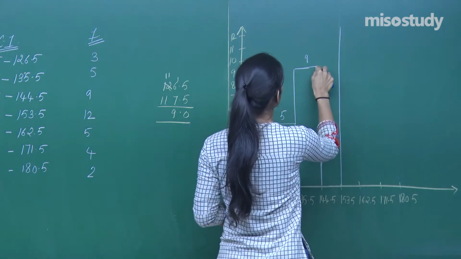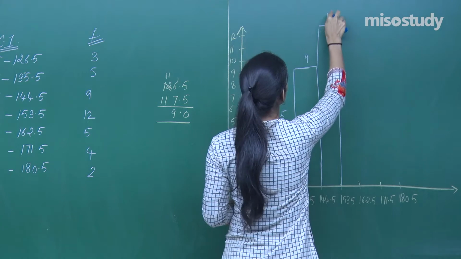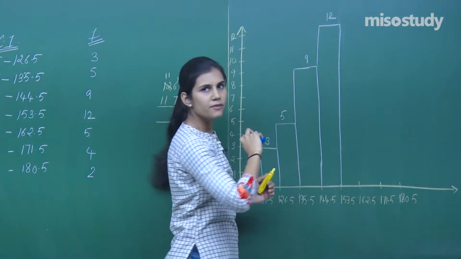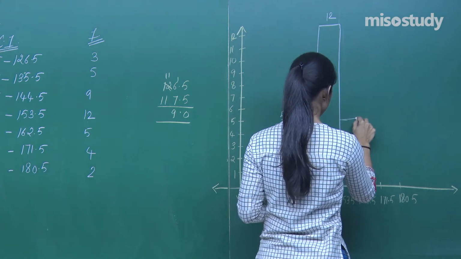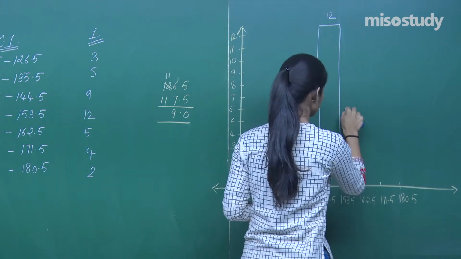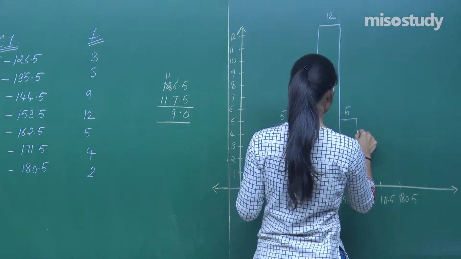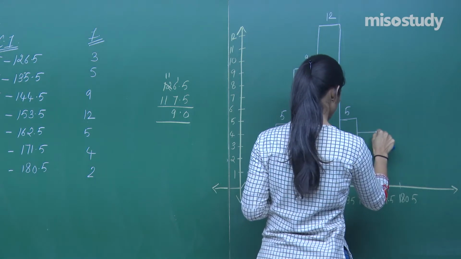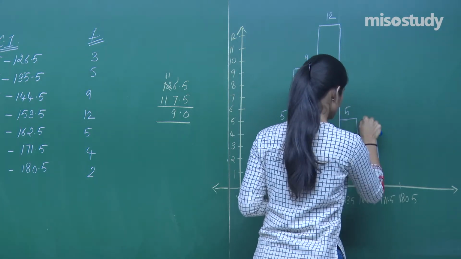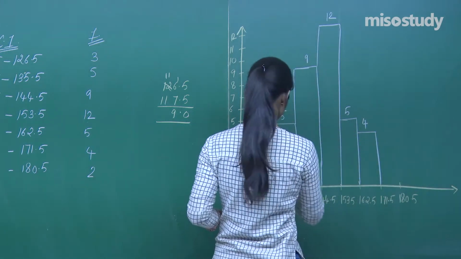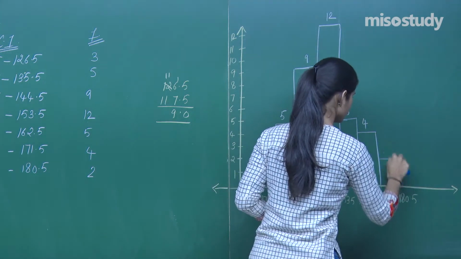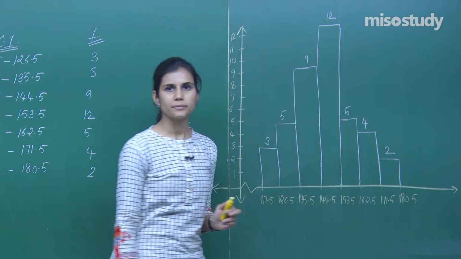This is the max, 12. Then you have 5, and then 4, and then 2. So 2 is here. This is 2, and that's your histogram.